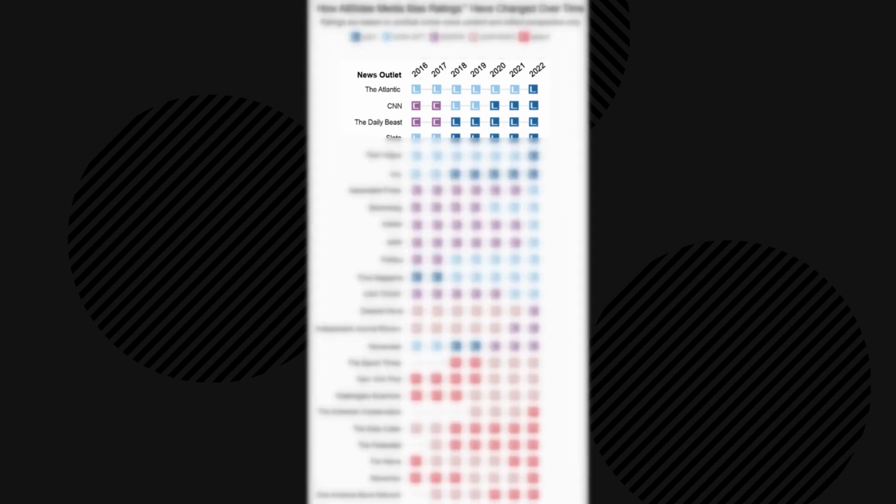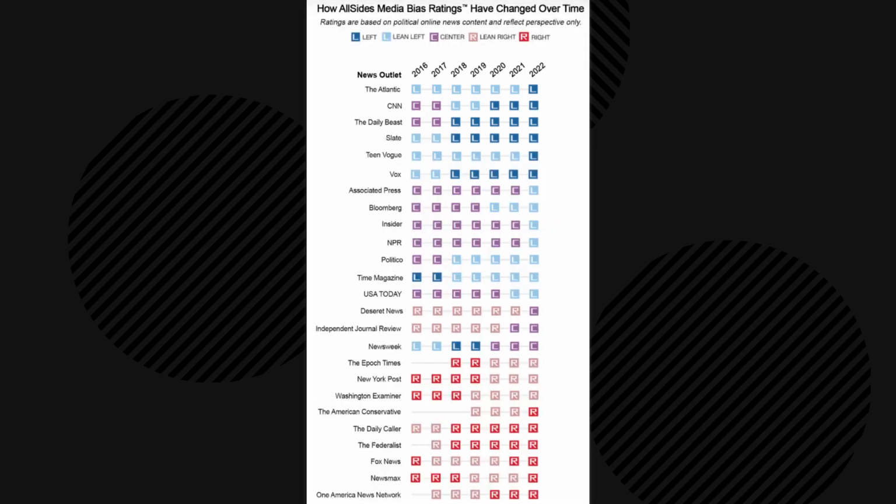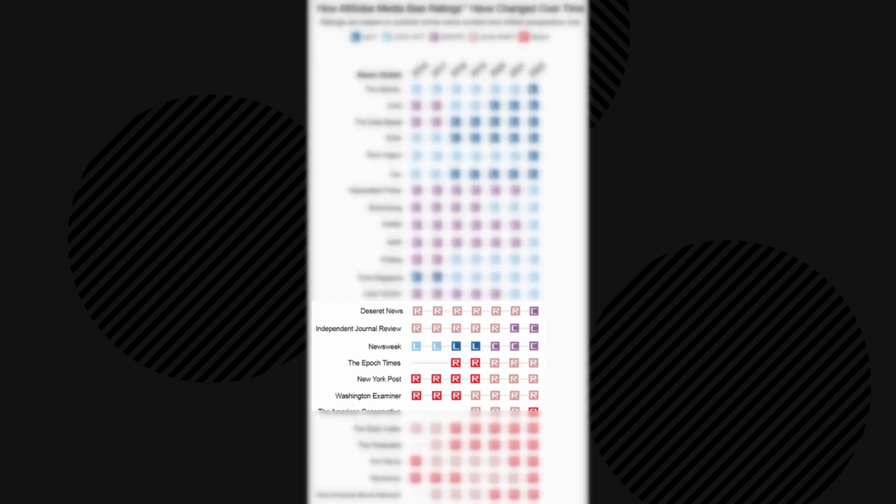Perhaps most strikingly is CNN, that has moved from the centre in 2016 all the way to the left in 2022. In contrast to this leftward shift, there are only a few examples of news websites becoming either more moderate, like Newsweek, or moving to the right, like Fox News.